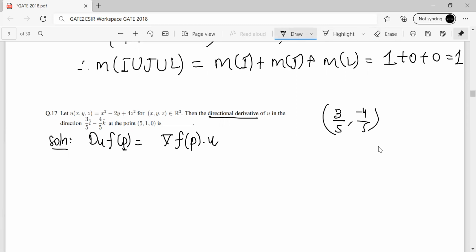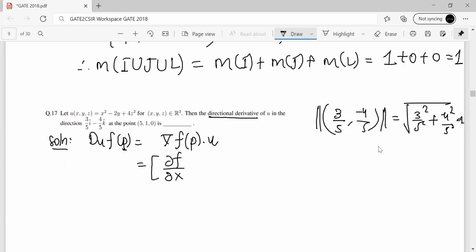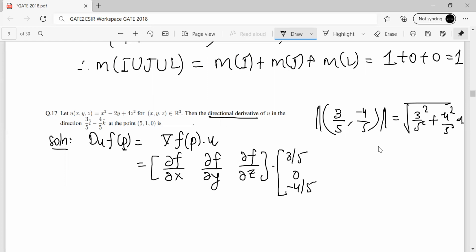If you take its norm, it is 1, so it is a unit vector. That's perfect. So this quantity will be del f over del x, del f over del y, del f over del z, dotted with the unit vector 3 by 5, there is no j component so it is 0, and minus 4 over 5.